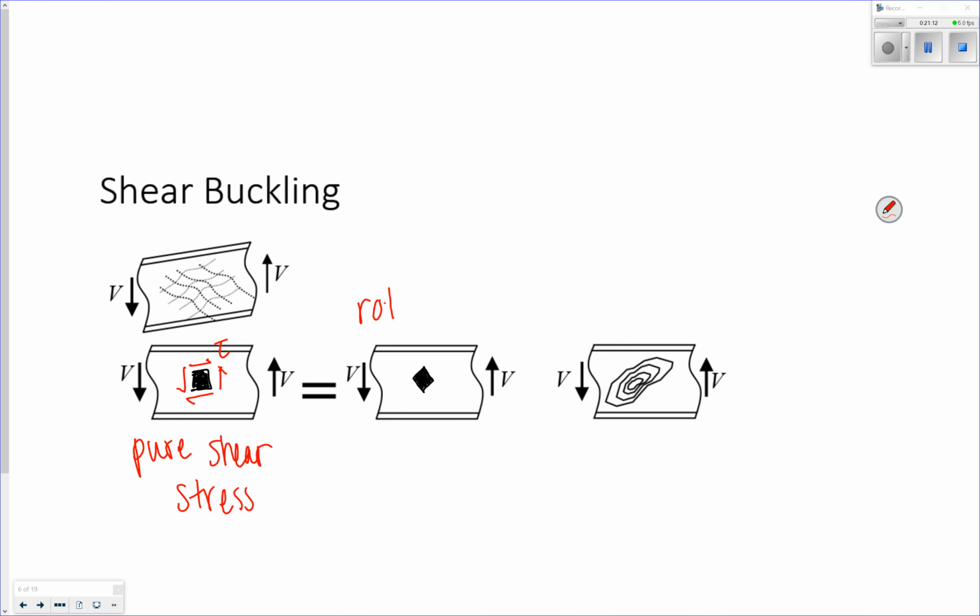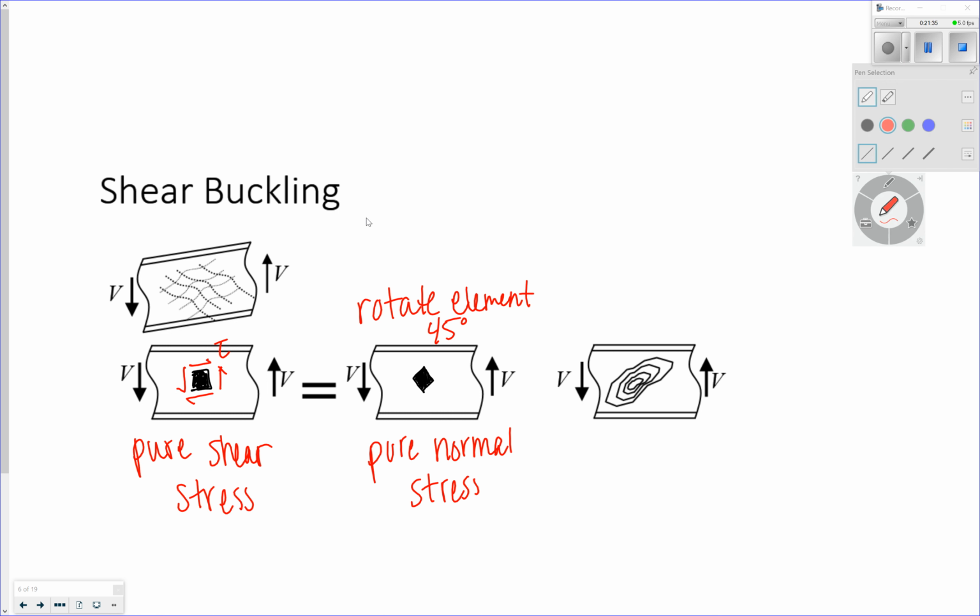If I rotate that element 45 degrees, I now have pure normal stress. I've translated that shear stress into normal stress, and it becomes compression and tension.